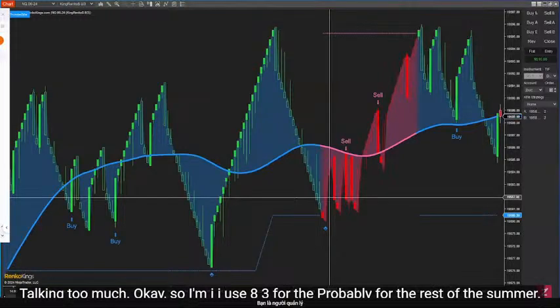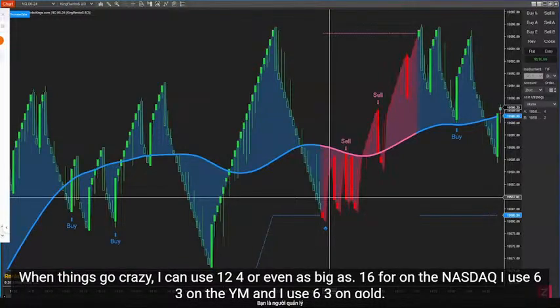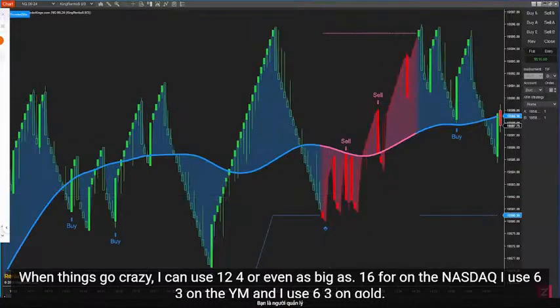I use 6.3 on the YM and I use 6.3 on gold. Sometimes gold gets a bit more volatility. I might use 8.3, but for the most part, 6.3 for those two instruments.